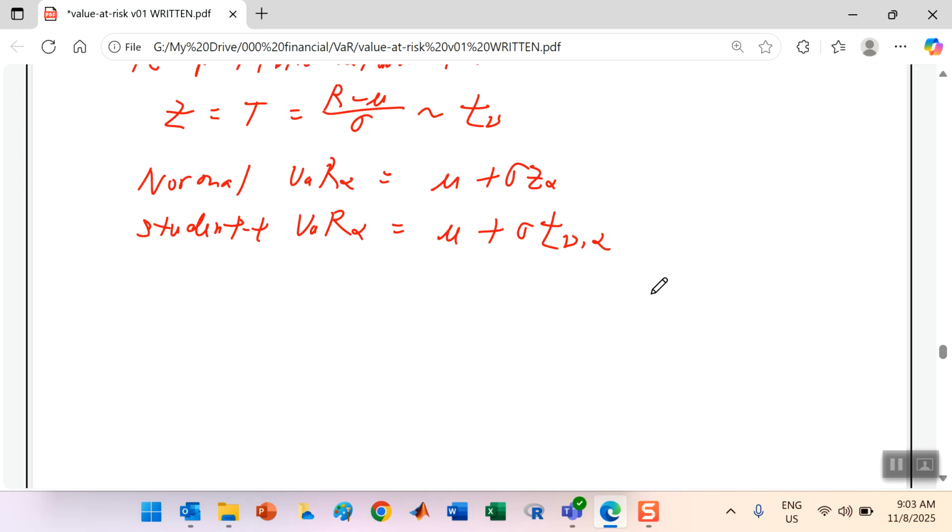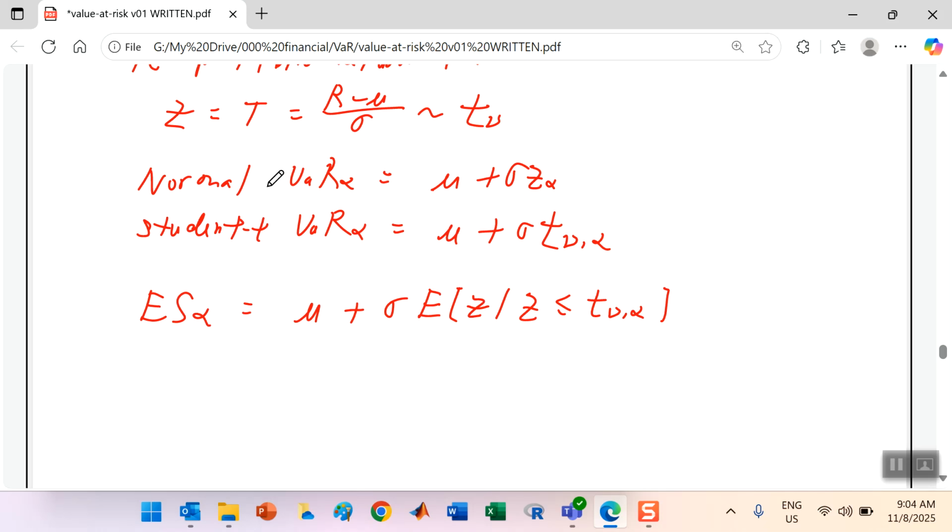Once you want to determine the expected shortfall, you end up with ES of alpha equals mu plus sigma times the expected value of Z given Z less than the T value, t mu of alpha.